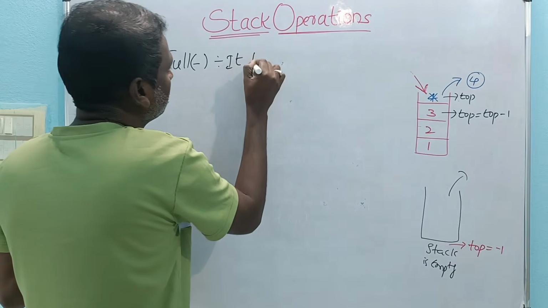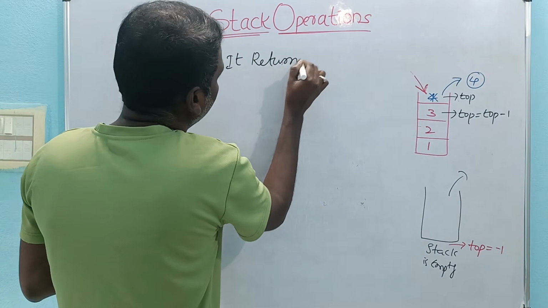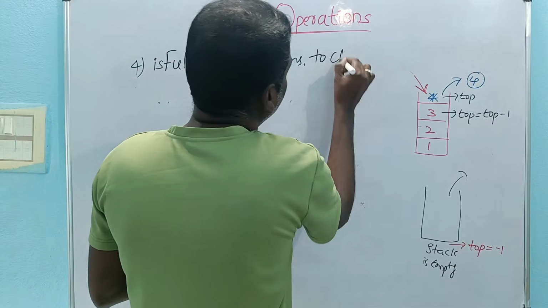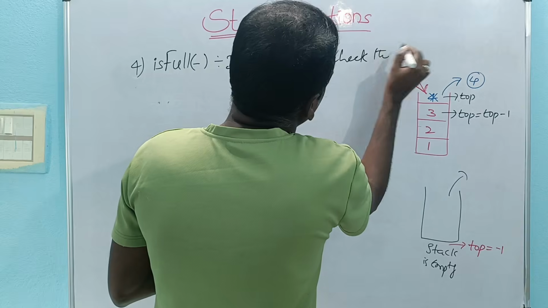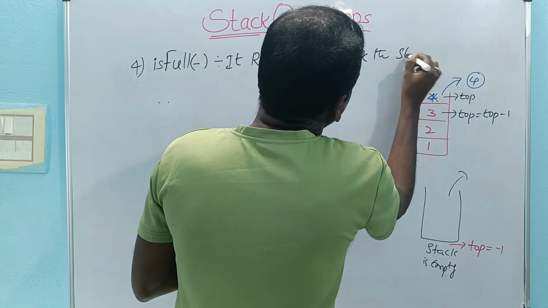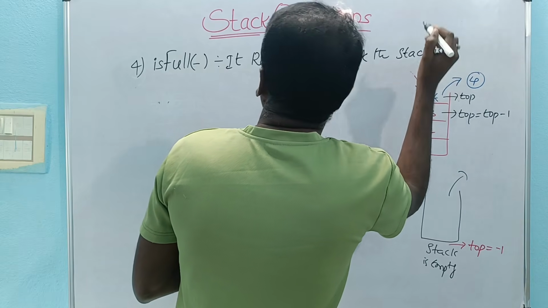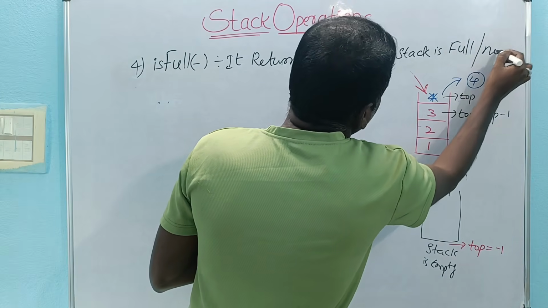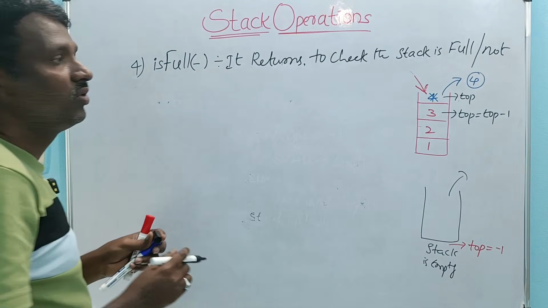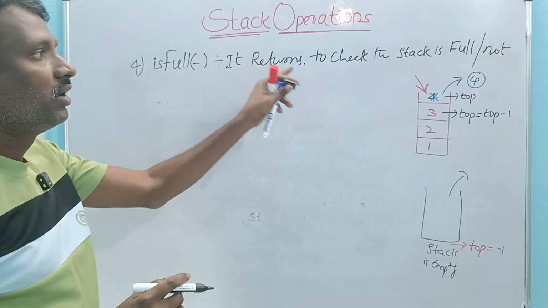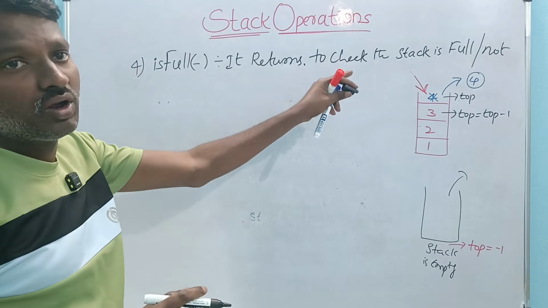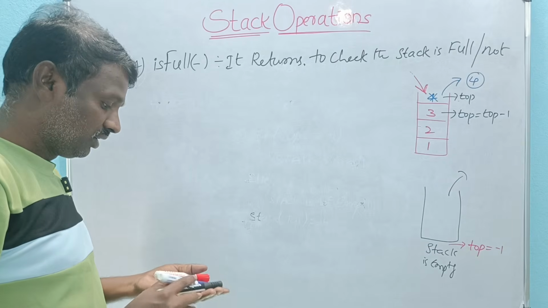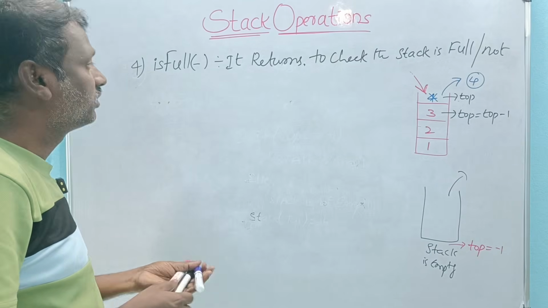It returns whether the stack is full or not. It returns to check the stack is full or not. Just very simple. Now, what are the conditions based on the algorithm?